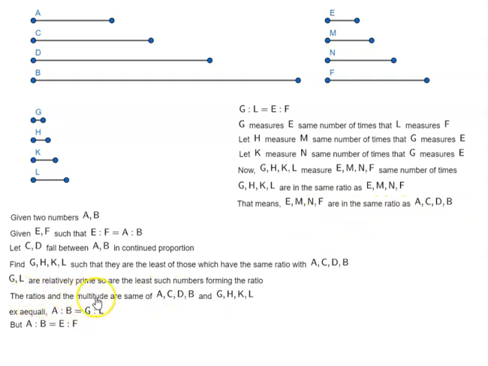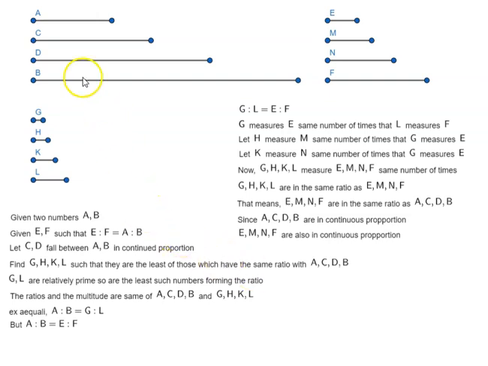Because remember, the ratio and multitude are the same for A, C, D, B and G, H, K, L. The same is the case between G, H, K, L and E, M, N, F. That means the same is the case between A, C, D, B and E, M, N, F. Now, since A, C, D, B are in continued proportion, that means E, M, N, F are also in continued proportion.